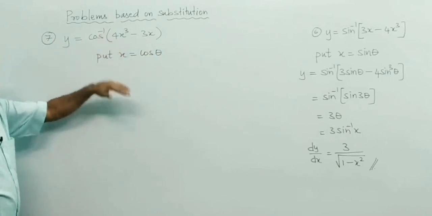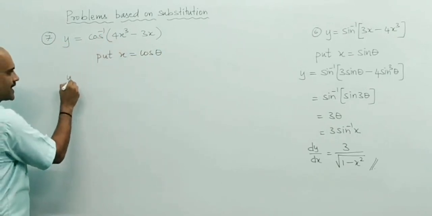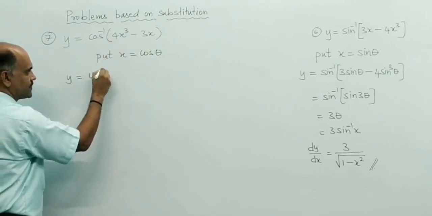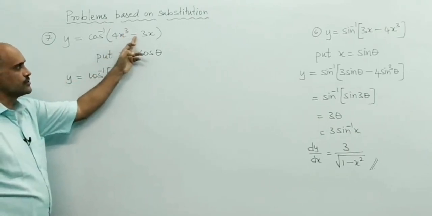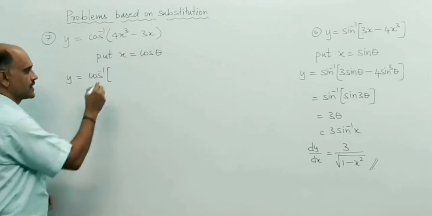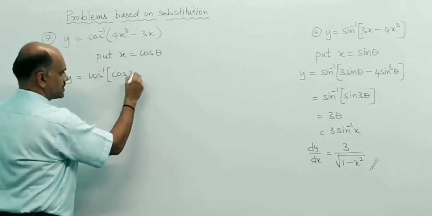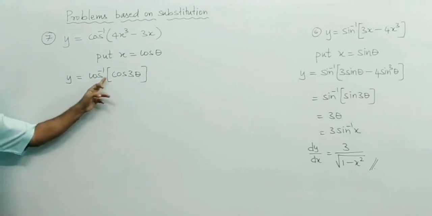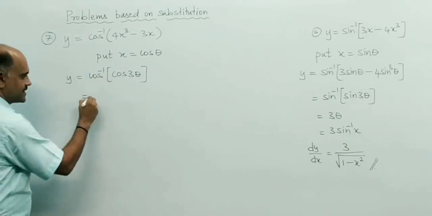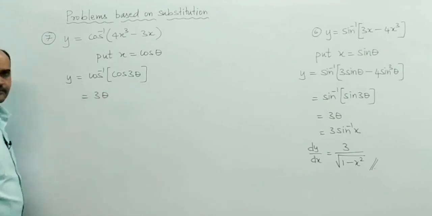So cos inverse of (4 cos cube theta minus 3 cos theta) gives cos inverse of cos 3 theta. Cos inverse and cos gets cancelled. 3 theta.